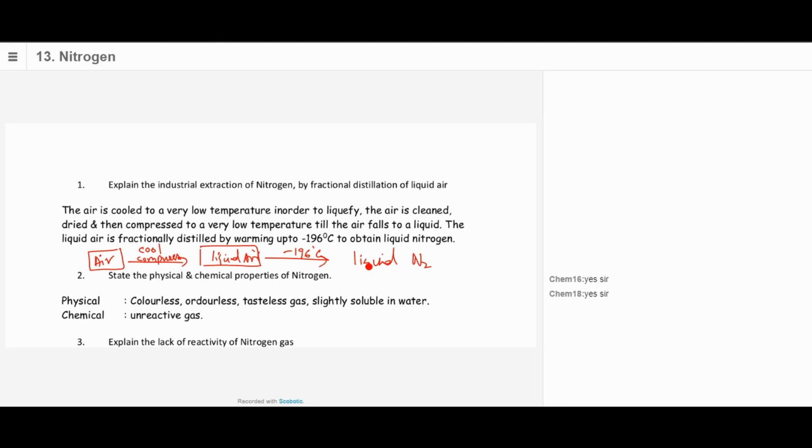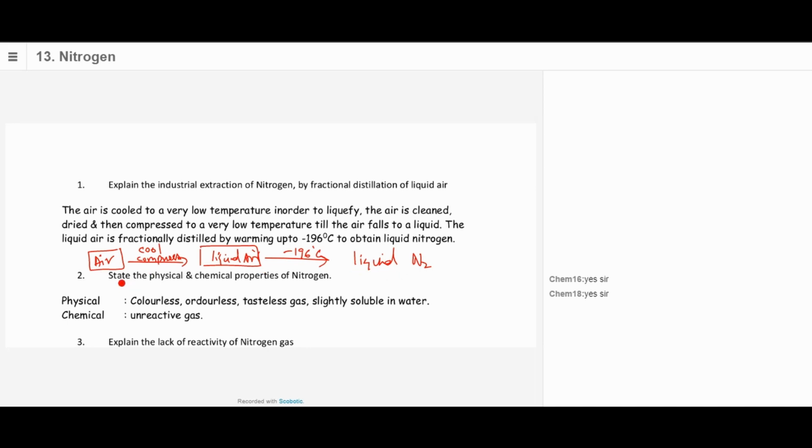When you heat up to minus 183, you get liquid oxygen. So liquid nitrogen at minus 196, liquid argon at minus 186, and liquid oxygen at minus 183 degrees Celsius. This is the fractional distillation of liquid air. So nitrogen industrially is obtained by the fractional distillation of liquid air, right?